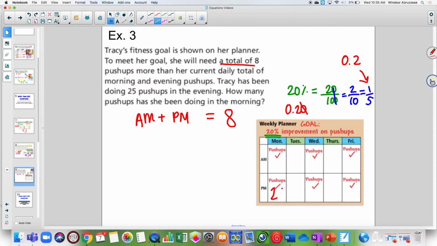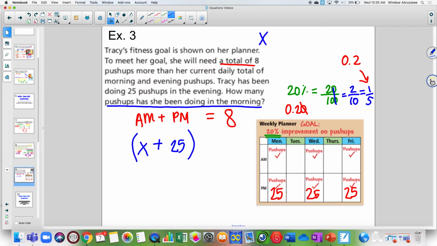So let's put 25 in our chart. She does 25 here, here, here, here, here. Okay? So in my equation, she does 25 in the evening. Do we know how many she does in the morning? No. And look, how many push-ups has she been doing in the morning? That's what we don't know.